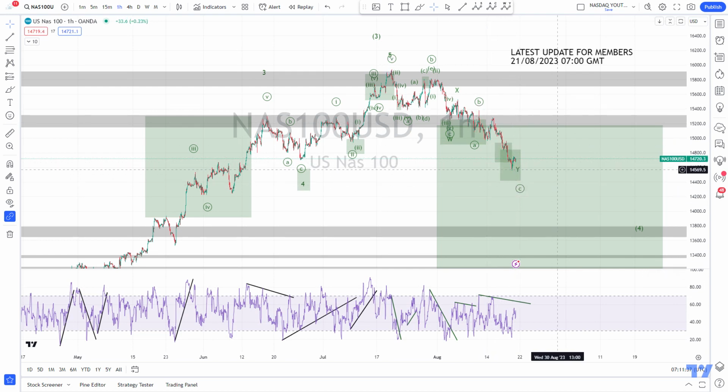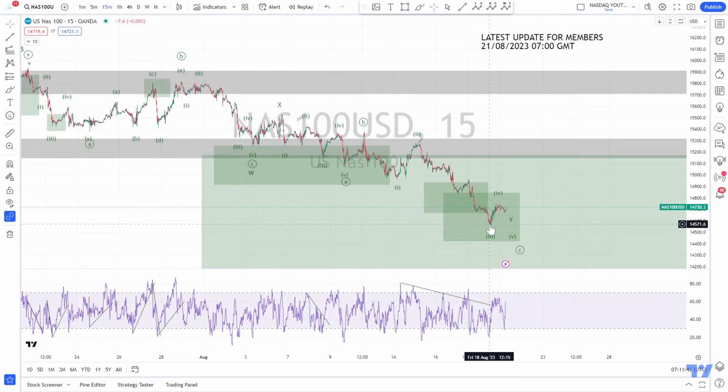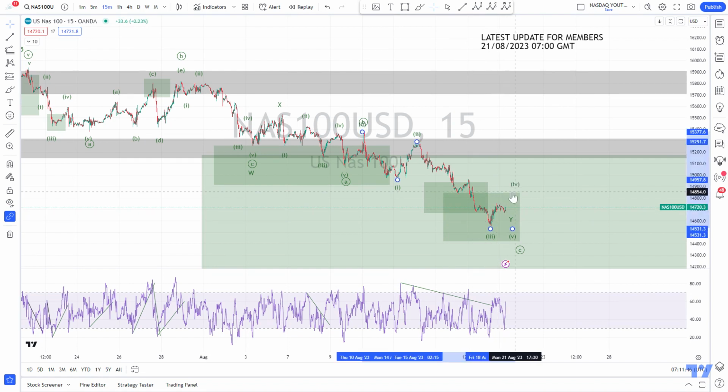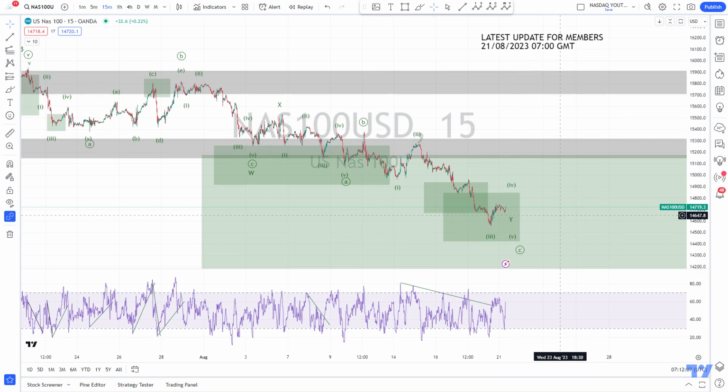So what I would expect from here is that this was only the tree, that we will now get something to the upside, like a wave 4, but something that can fail again, and then wave 5 to the downside, and then hopefully here we reach this area from where I would like to go long again. So this is what I'm looking at on the Nasdaq.